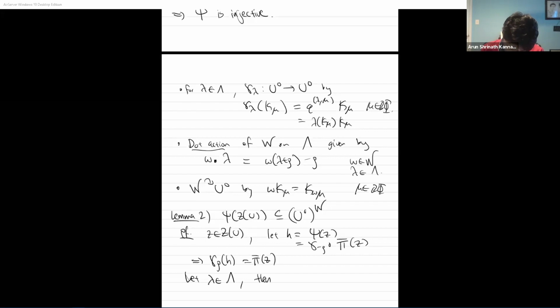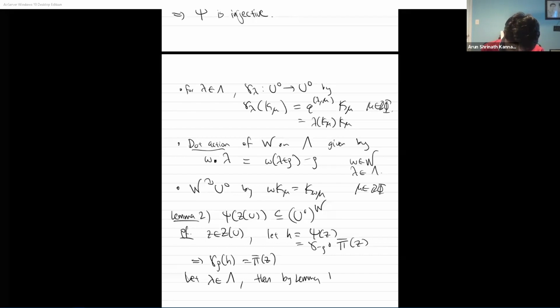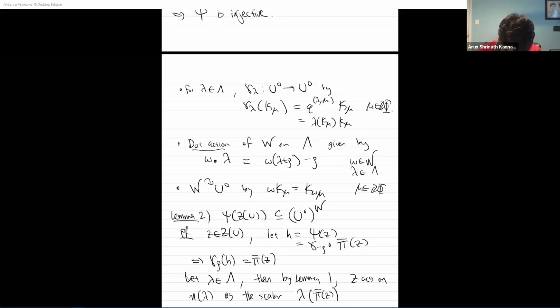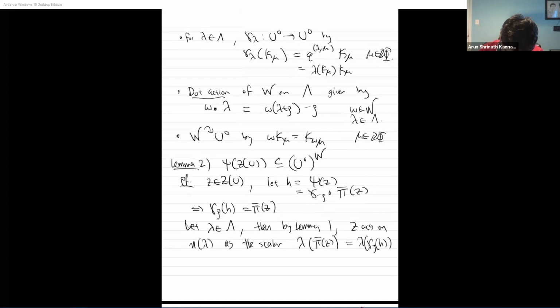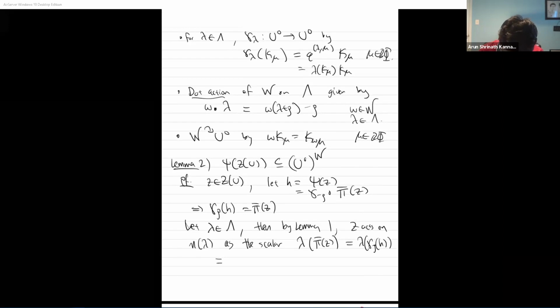Then by the previous lemma, Z acts on M of lambda as the scalar lambda of pi bar of Z, which is equal to lambda of gamma rho of H, as we have defined here. Now, a simple computation by expanding in basis vectors shows that lambda of gamma rho of H is the same thing as lambda plus rho of H.